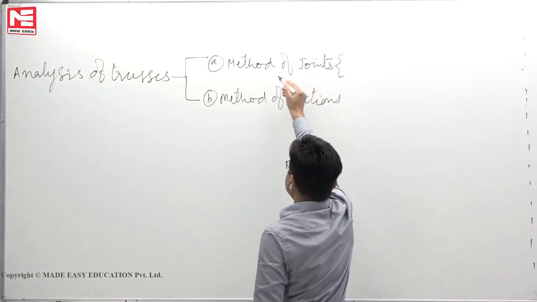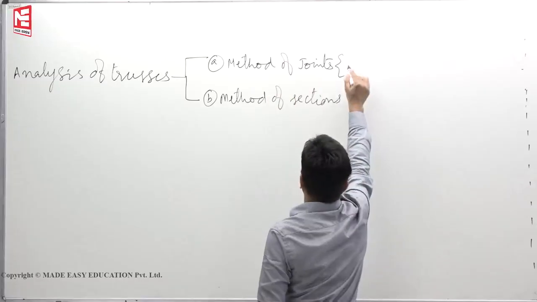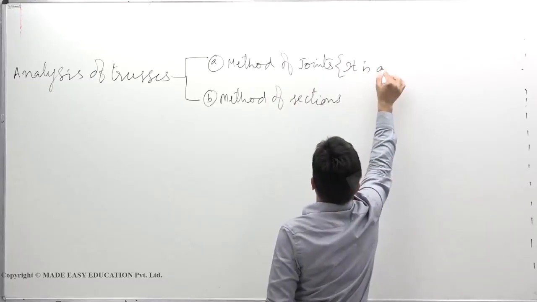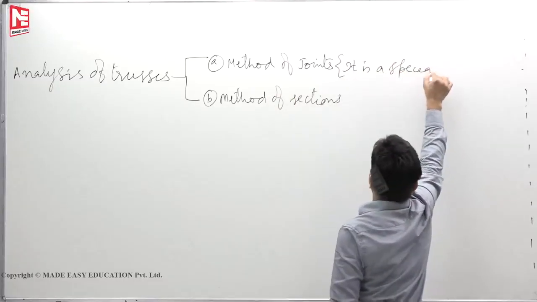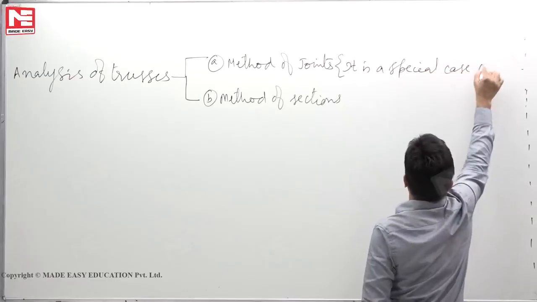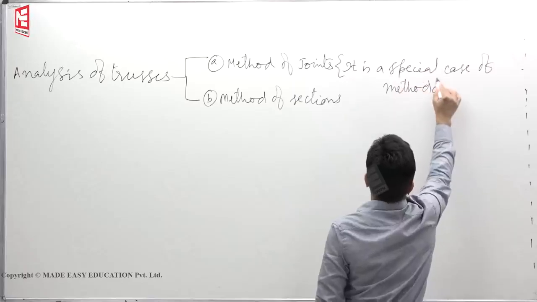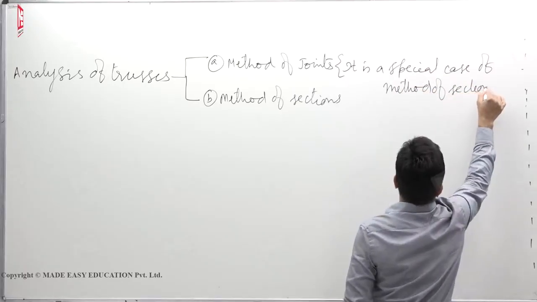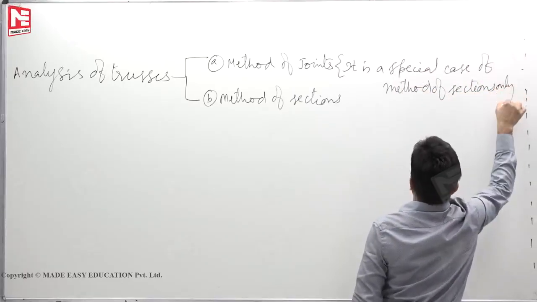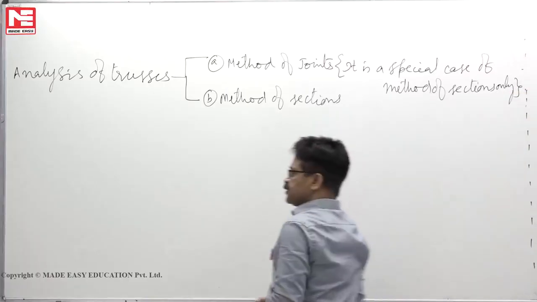Actually, method of joints is a special case of method of sections only.